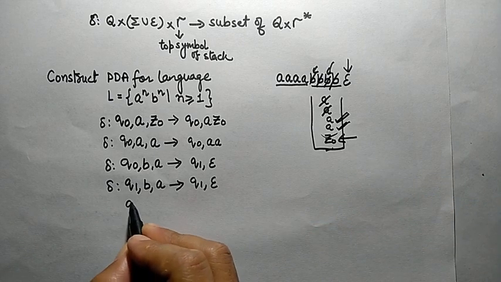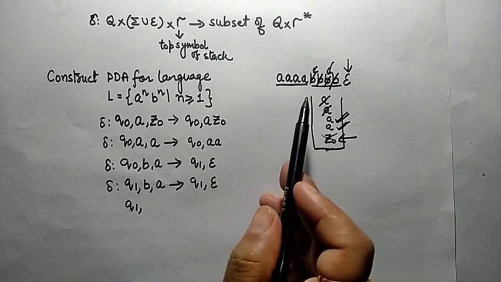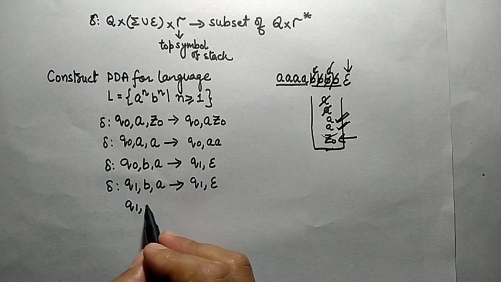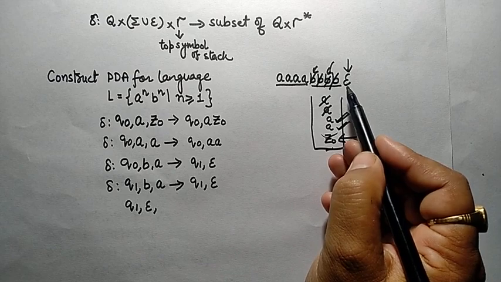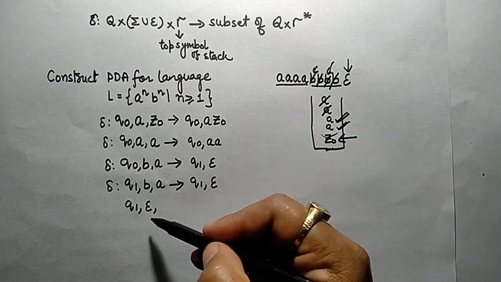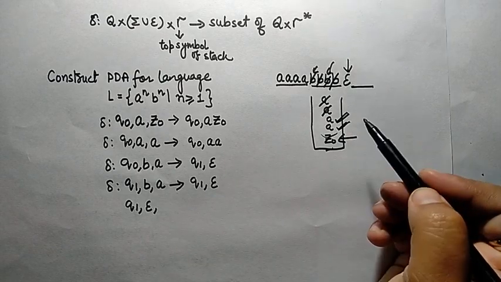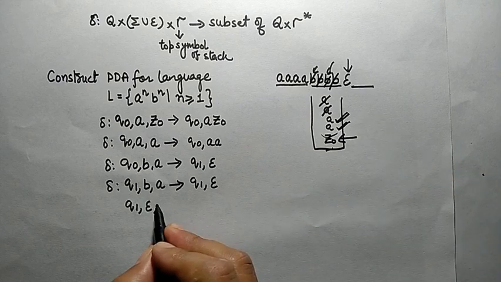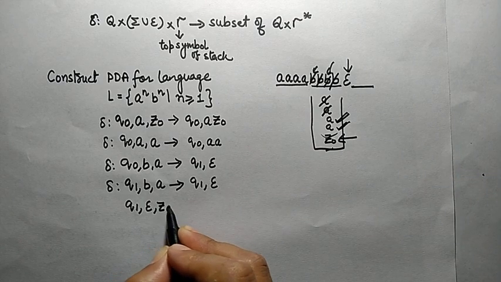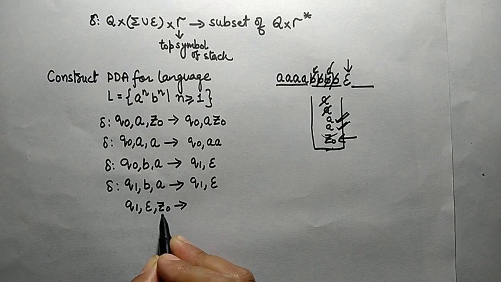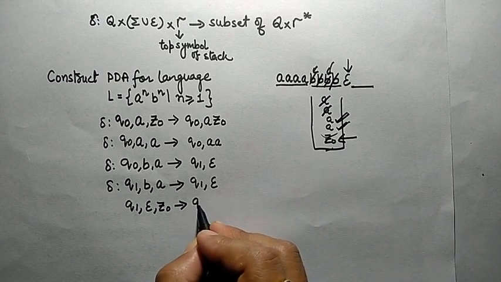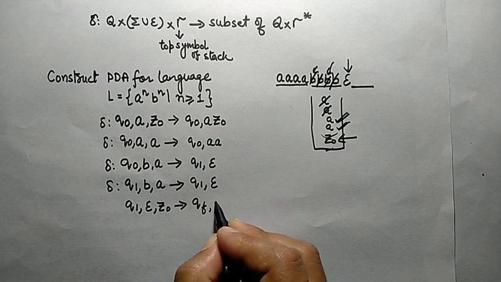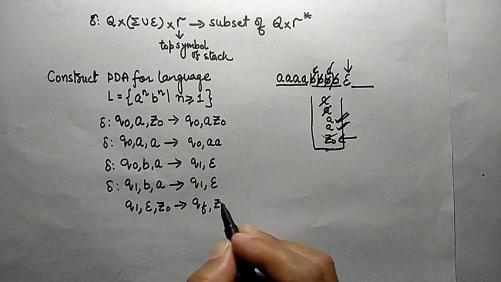So finally, if the string belongs to this language, we will get null, which means the end of the string. Now no input will come, and the stack contains Z0 on the top. If we find this situation, we will move to the final state.